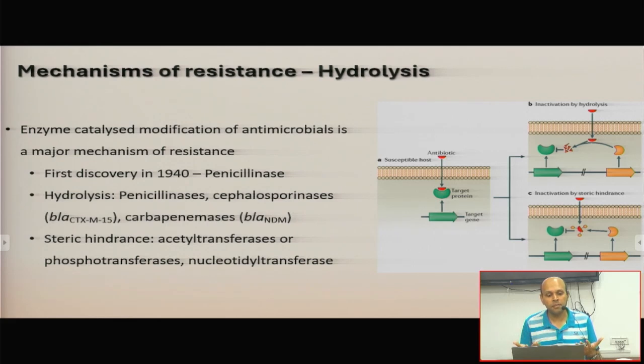It is going to hydrolyze penicillin. But you have also got cephalosporinases. You have got the CTX-M-15, the CTX-M group of enzymes, or Acinetobacter-derived cephalosporinases, for example, or the MC genes. They are all cephalosporinases in different bacteria.